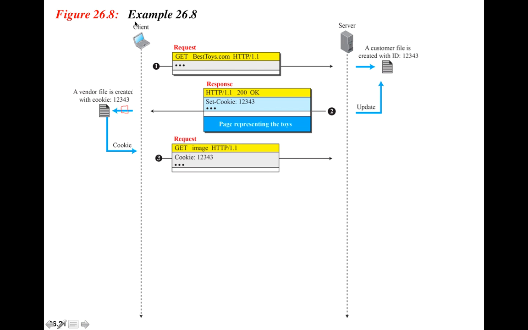Now, the client is browsing on the website, looking at different toys, different images, and the client keeps requesting different types of information. The cookie will keep updating the server about what the client's activities are.